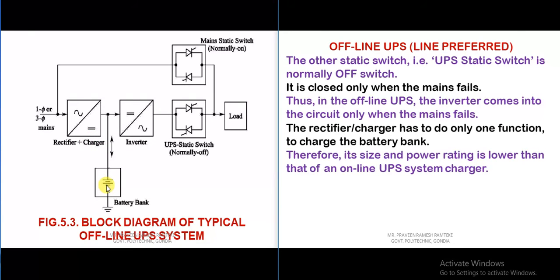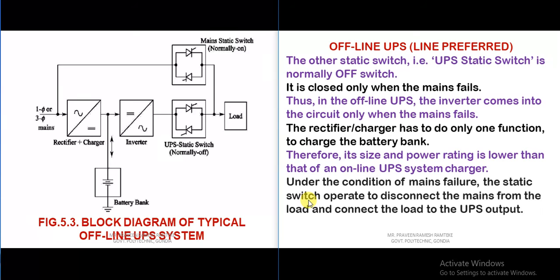Although in the previous block diagram we saw that it provides supply to the inverter, here the primary function is to charge the battery, and the battery will provide the DC power to the inverter. Hence the rating of this charger is less as compared to the online UPS system.